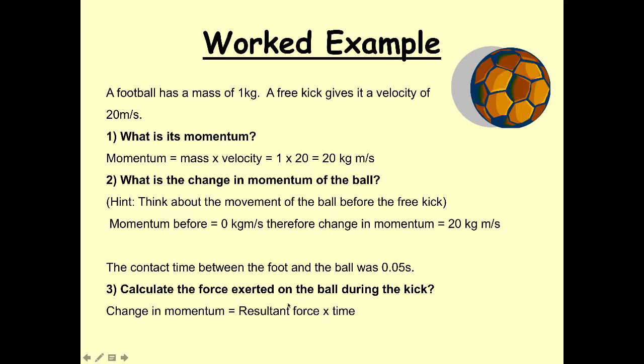So from those two, we can work out the resultant force. Resultant force equals change in momentum, which is 20, divided by the contact time, 0.05, which equals 400 newtons. So the resultant force was 400 newtons in this case.